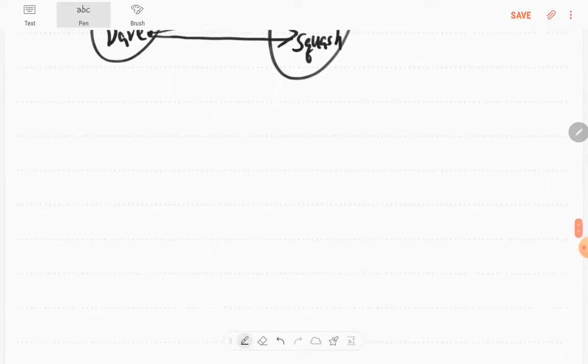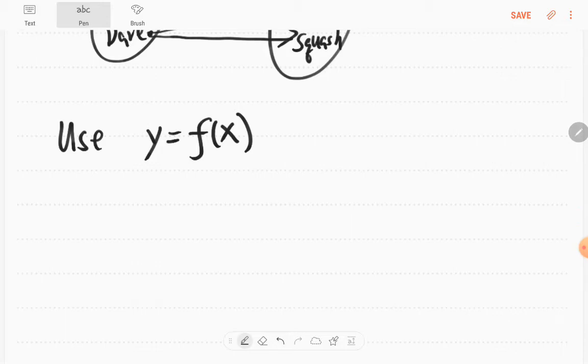So sometimes we use y equals f of x to represent a function.